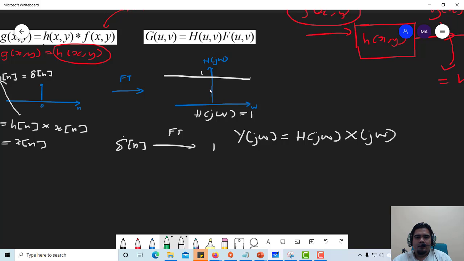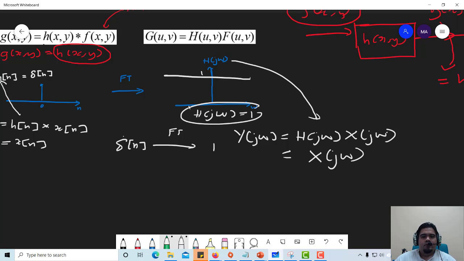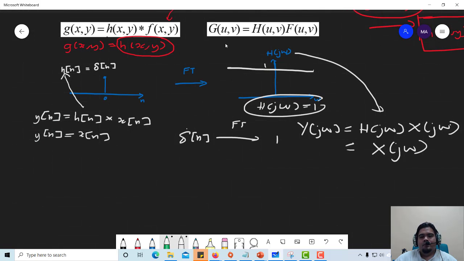If my filter is an all pass filter, I put it here, and because this is equal to 1, my X(jω) is equal to my original X(jω). So it proves that this is an all pass filter in the frequency domain.